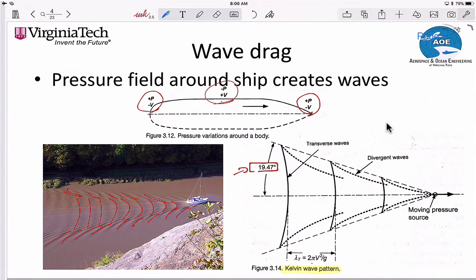Okay, so it's 2 pi times v squared over g. That's the wavelength of the transverse waves. So based on the ship speed, you know what that wavelength is.